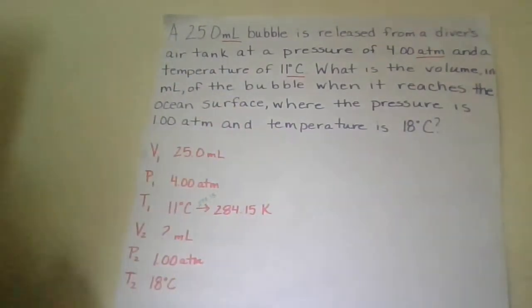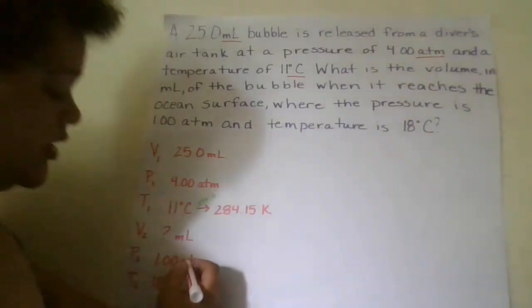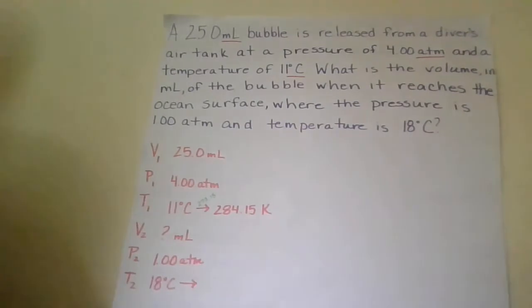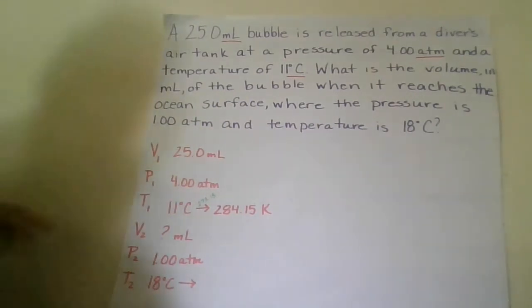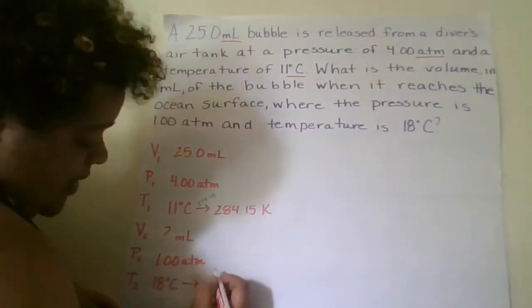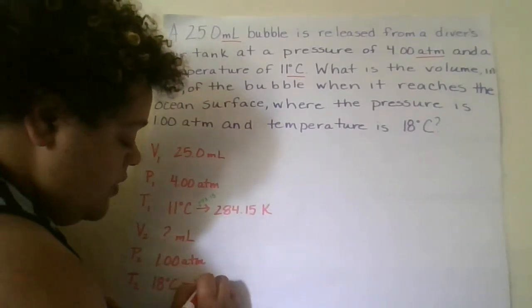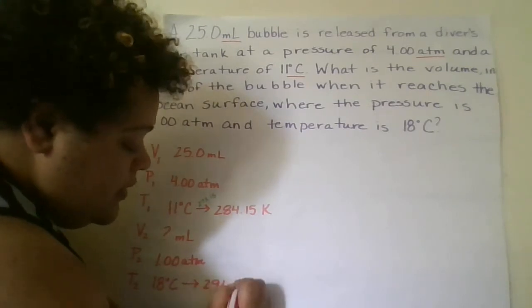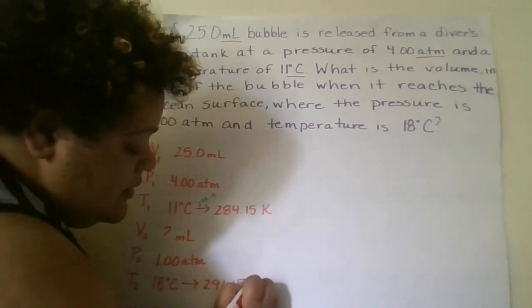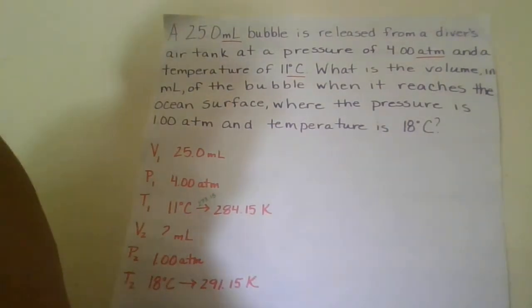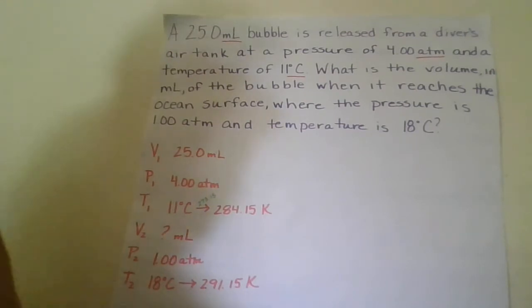So just like before, we need to add that 273.15 to get it into the correct version of the temperature necessary to solve combined gas laws, or any gas law for that matter. So 273.15 plus 18 will give us 291.15 Kelvin.